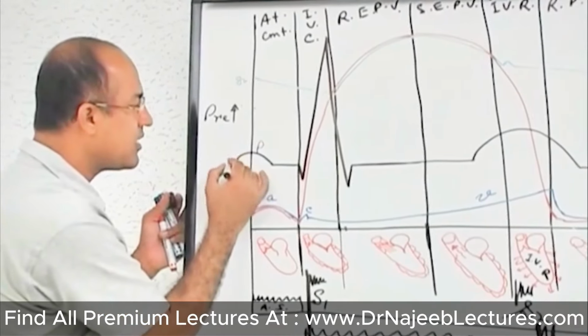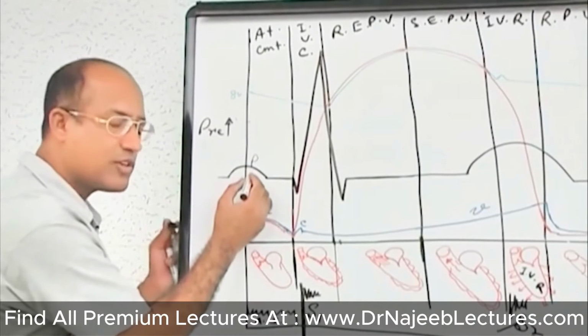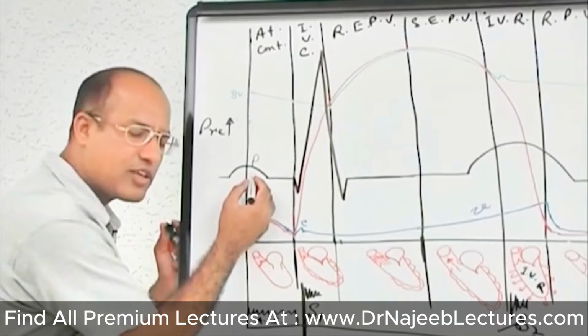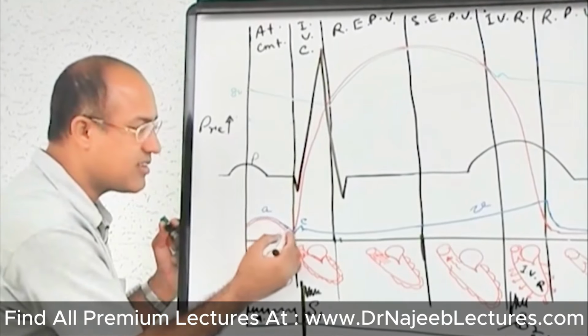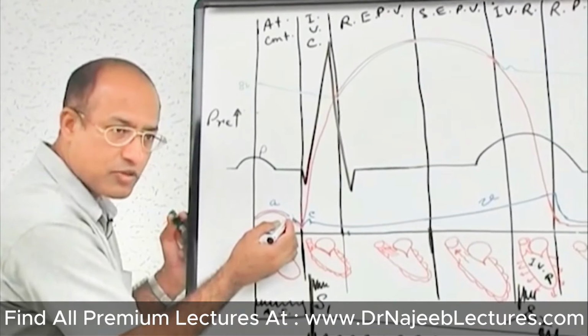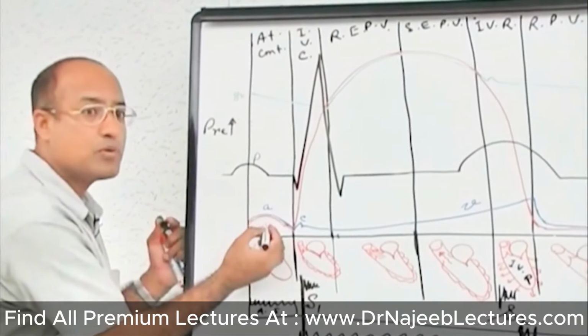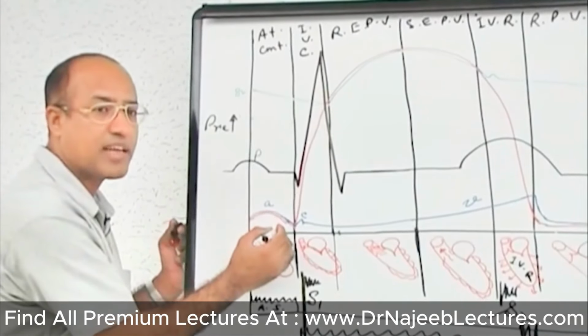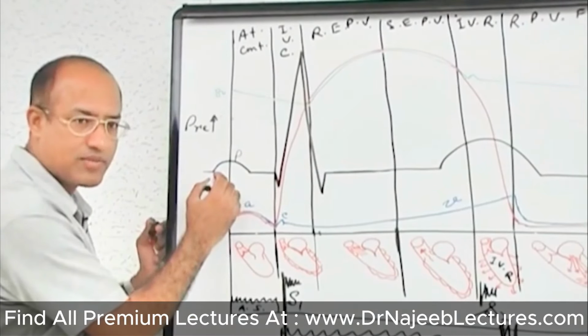Atrial depolarization, just before the A wave. The P wave on ECG is atrial depolarization, and the A wave on the pressure tracing is the pressure in the atria due to mechanical activity. So the A wave represents mechanical activity, and of course before the atrial mechanical activity there must be atrial electrical activity. Is that right?